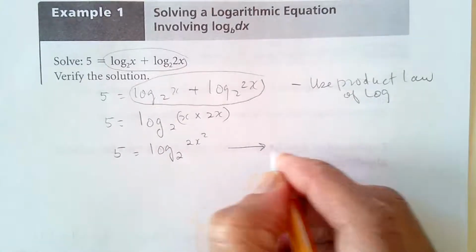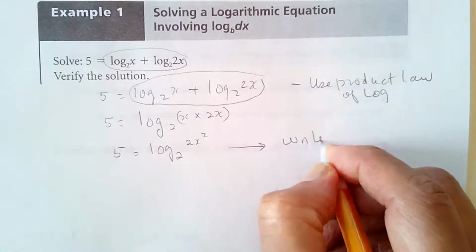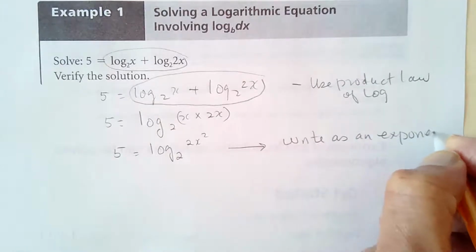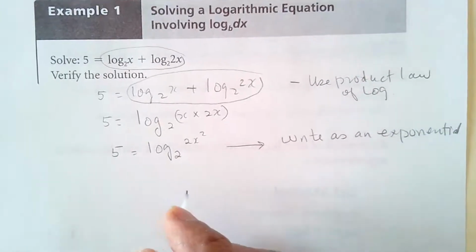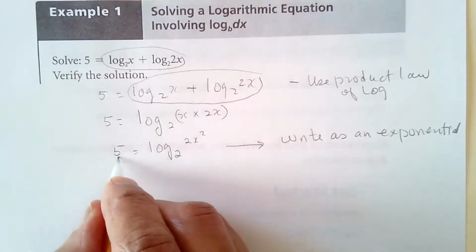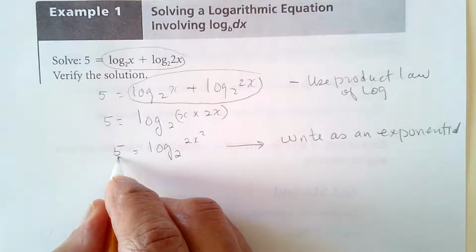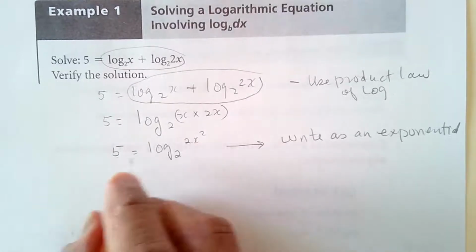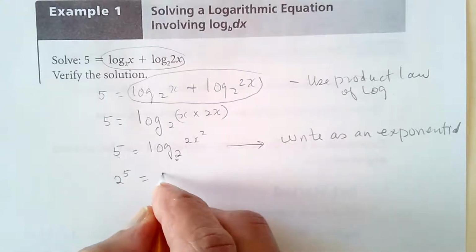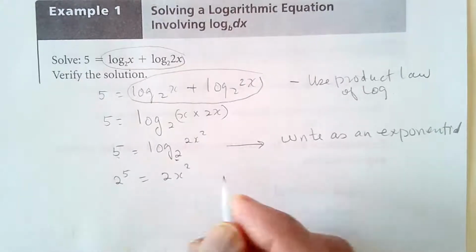Now we're going to write this as an exponential. So now it becomes 2 to the power of 5 is equal to 2x squared. This is your base, that's your exponent.